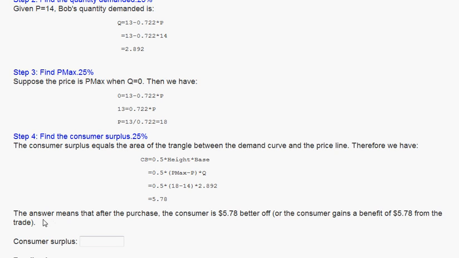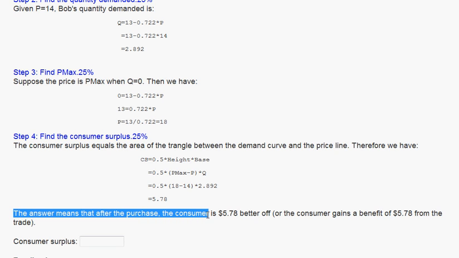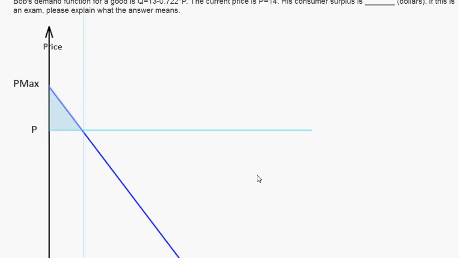What does that mean? It means that after the purchase, the consumer is $5.78 better off. Or you can say the consumer gains the benefit of $5.78 from the trade, transaction, or exchange, whatever you want to call it. So this is how we solve this type of question, and I hope it helps.